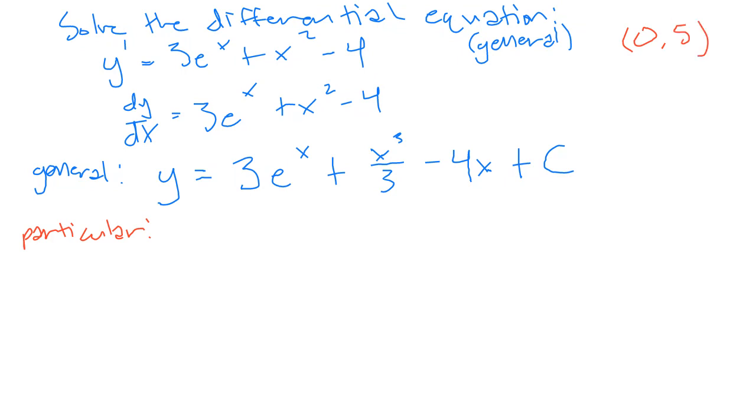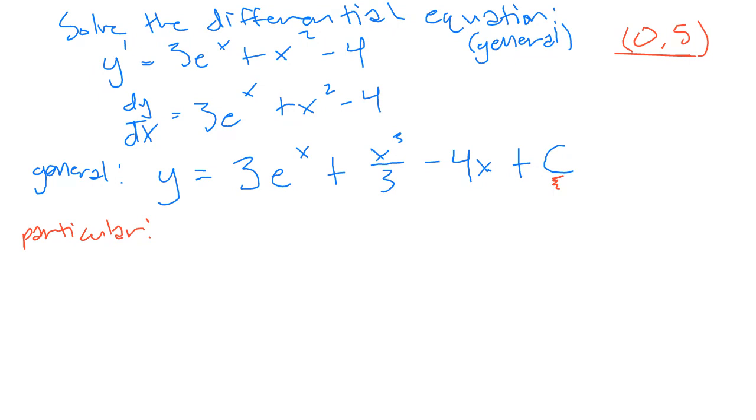When we're trying to find our particular solution, we usually need to have at least one point on the graph, or at least one point for every unknown that we're trying to solve for. In this case, we're only trying to solve for c, and we have 1 point, so that's good.